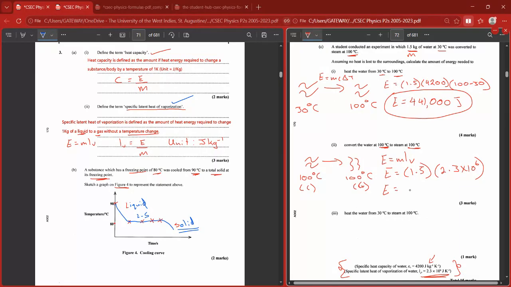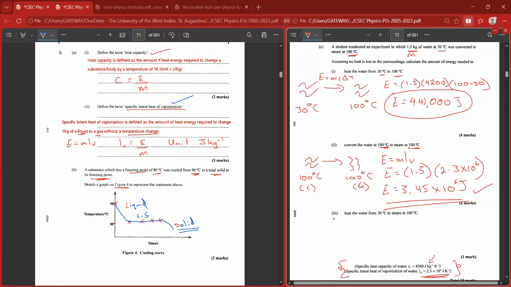In standard form, I'm getting 3.45 by 10 to the power of 6 joules, which is basically 3,450,000. Right? That is what I'm getting.